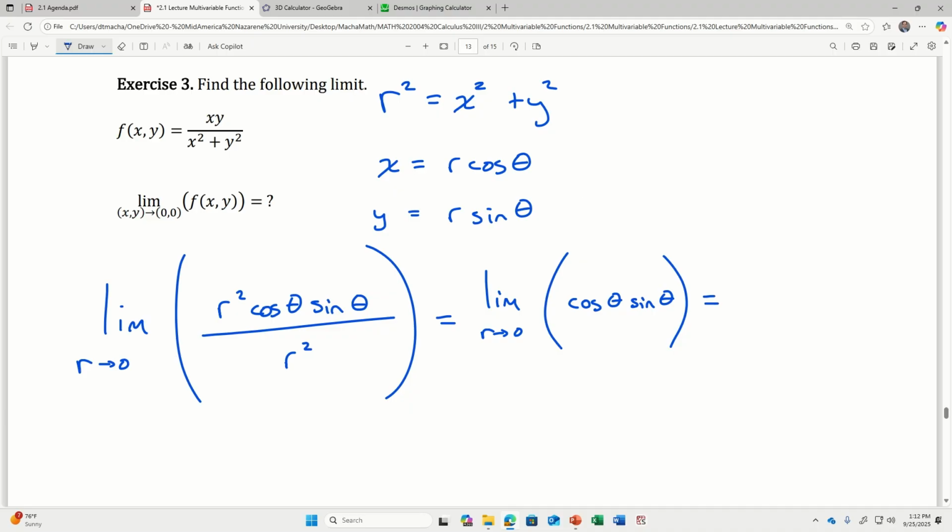And so the limit, as r approaches 0, of cosine theta times sine theta is what? What? It doesn't exist because it depends on the direction.